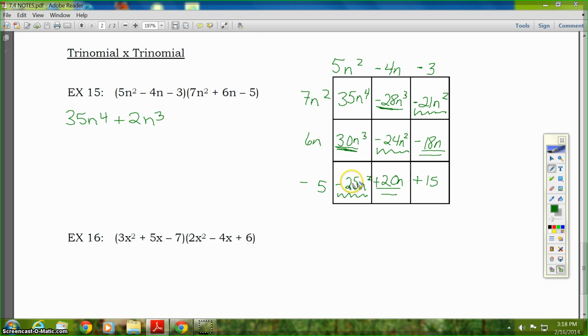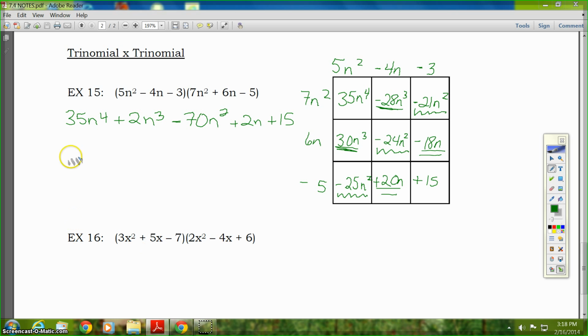And then I have negative 25 plus negative 24 plus negative 21, and that gives me negative 70n squared. And then I have plus 2n, and then I have plus 15. And that is my multiplied polynomial.